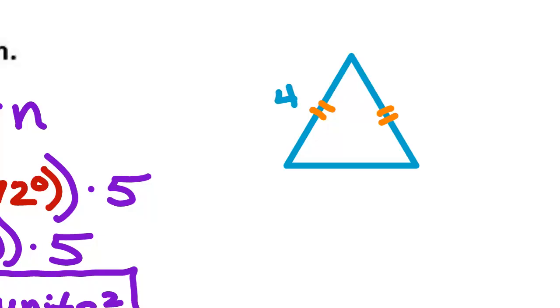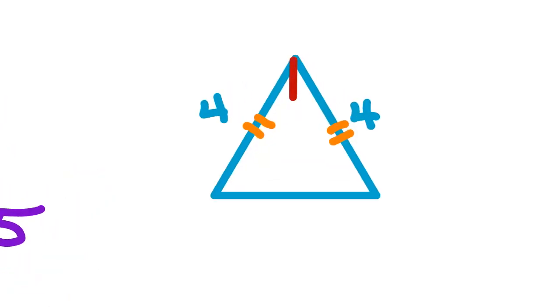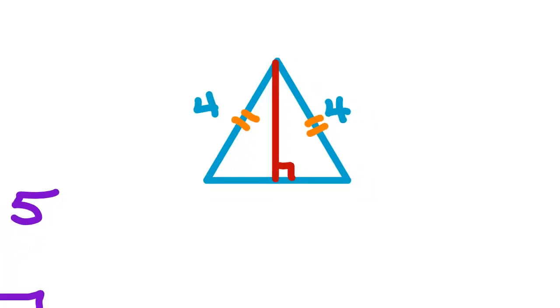They're both 4. And then I'm going to draw a segment that goes from the vertex straight down to the bottom. And it makes a right angle when it gets there. Technically, that's an apothem because it's going from the center to the side, and it makes a right angle where it hits the side.